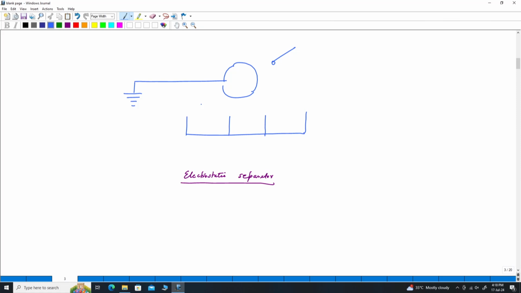So this is a fairly simple diagram that shows the separator, and we have a comb electrode here. And of course, from the center we need a separating zone. So this is our separation zone.